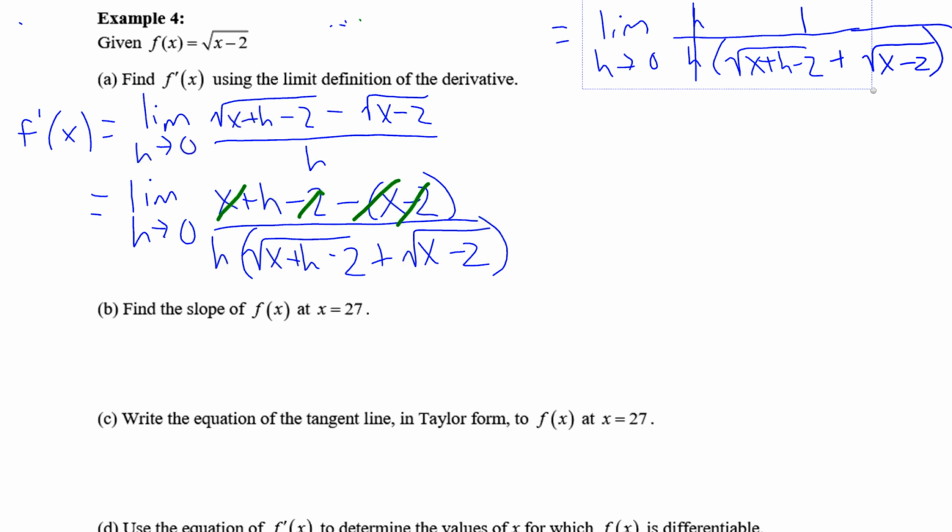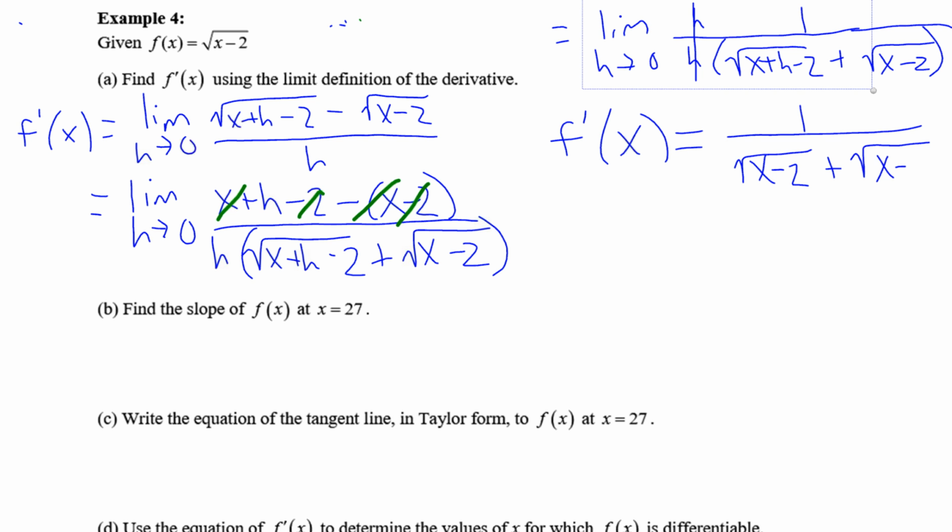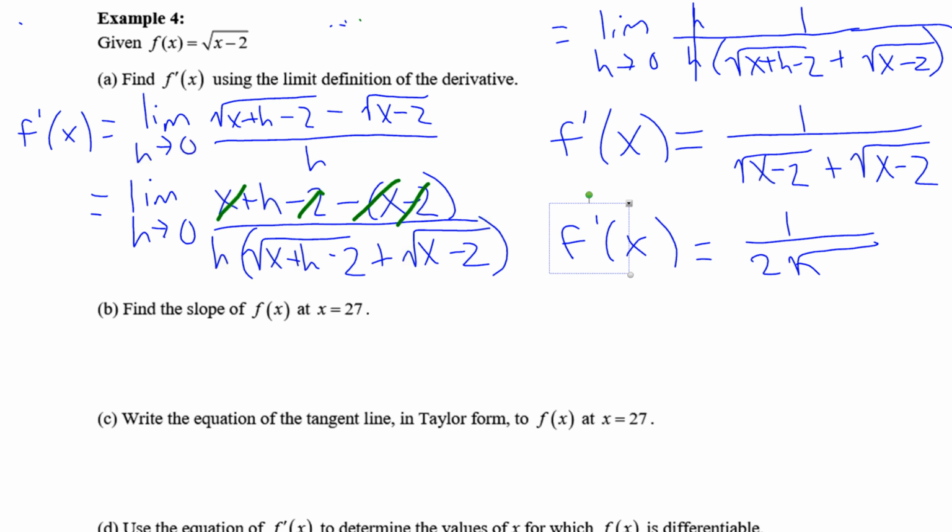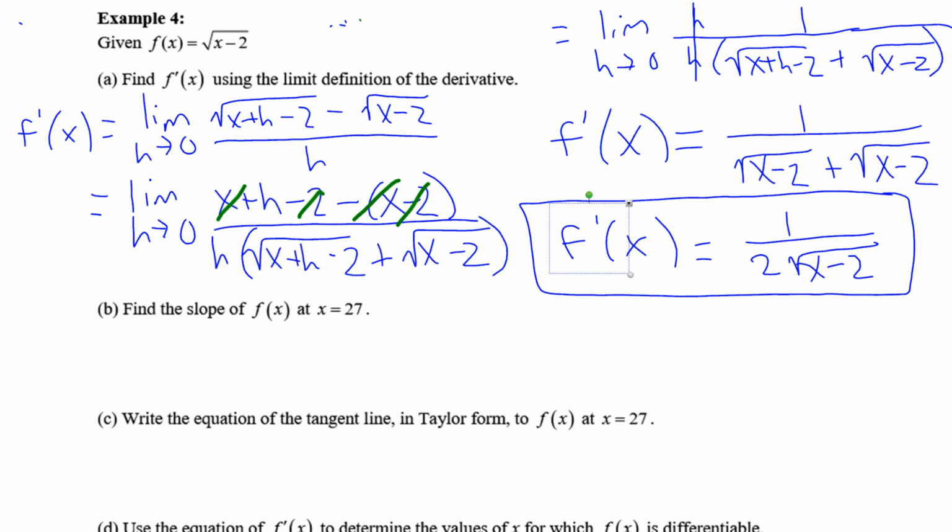The h's are gone. That's great. Now plug in 0 for h. F prime of x equals 1 over the square root of x minus 2 plus the square root of x minus 2, which you can also write as 1 over 2 times the square root of x minus 2.